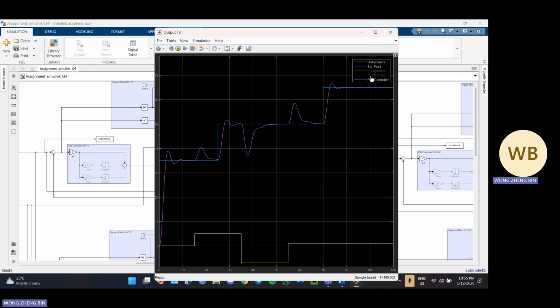So basically, the disturbance and the set points do not change at the same time. This can challenge the controller a bit to get back to the steady state. But as you can see, the PID controller has successfully gotten back to the steady state even when the disturbances are crashing into the system. So P and PI not so great.